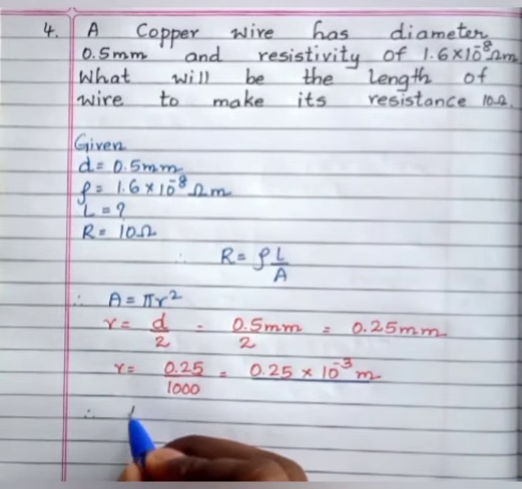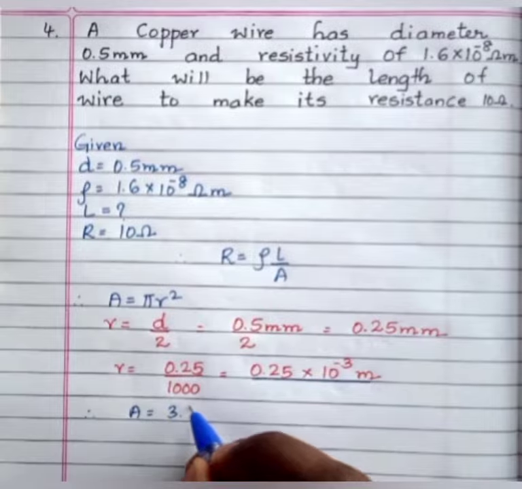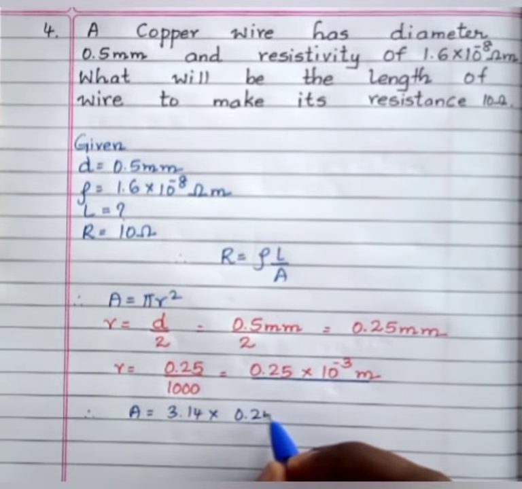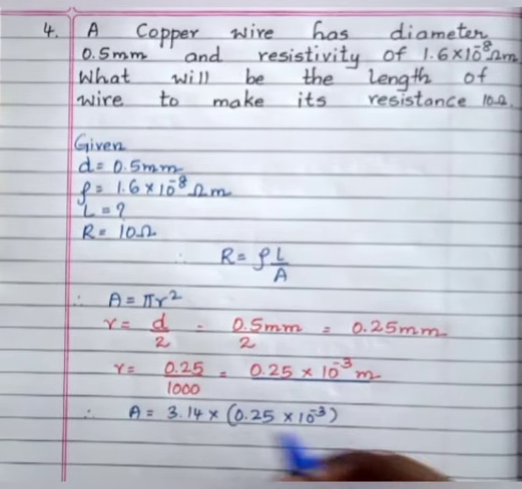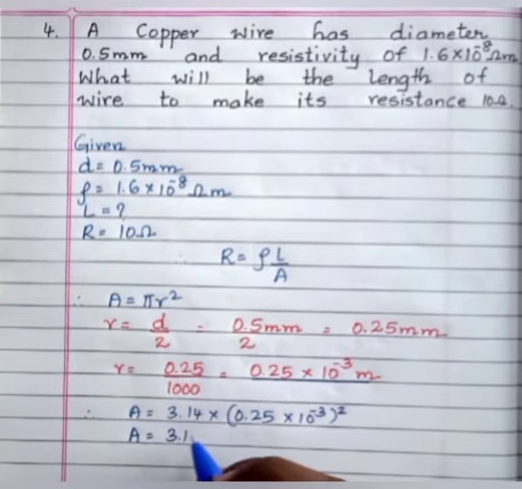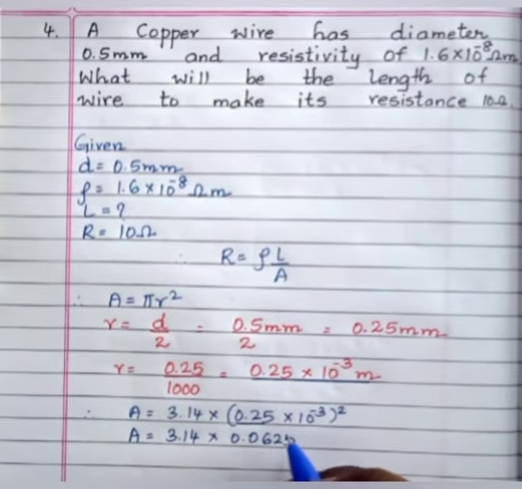Now, area equals pi r square, that is pi value is 3.14 into r square, that is 0.25 into 10 power minus 3 whole square. Therefore, area equals 3.14 into 0.25 into 0.25, we get 0.0625, that is 25 into 25, 625.